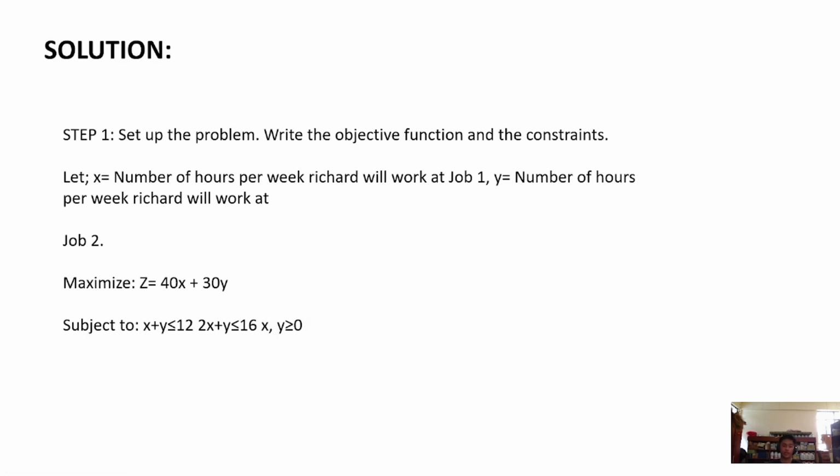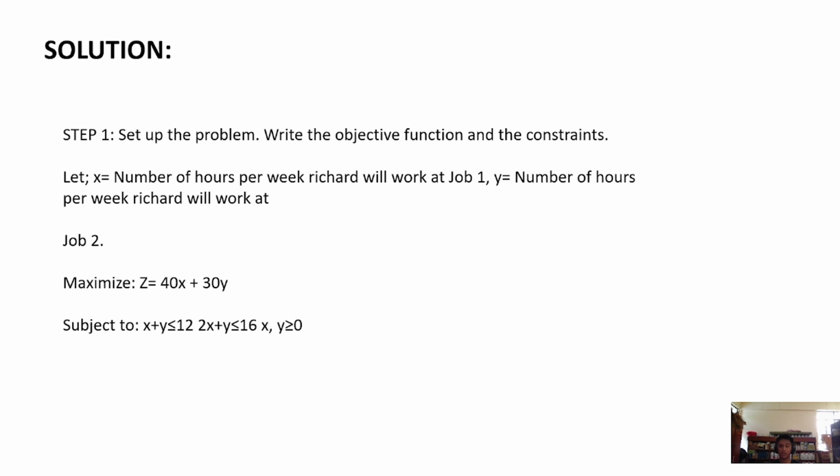So this is my solution. Step one, set up the problem, write the objective function and the constraints.